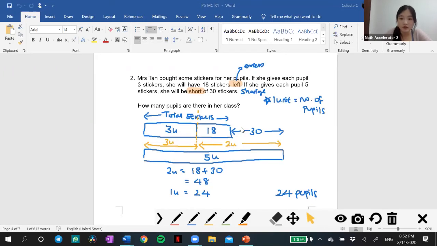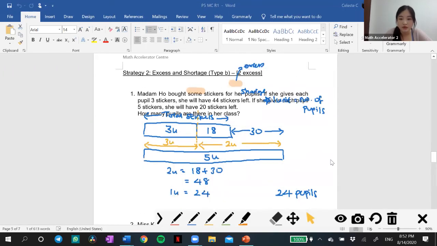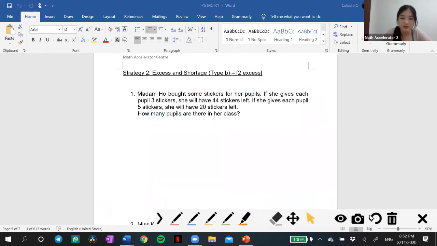Alright, let's go on to a similar but different type of question. Okay, this question. So Madam Ho bought some stickers for her pupils.